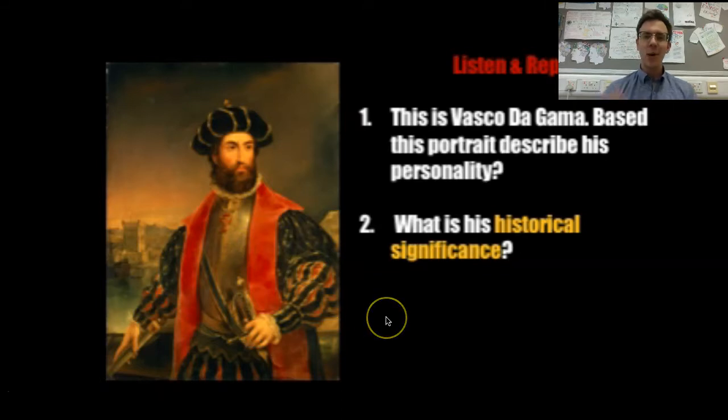Okay, so what's this guy's significance? Well, he was the first explorer to travel from Europe to India by sea in 1498, and he changed the world economy forever, making a damaging blow to the Silk Road and the overland routes.